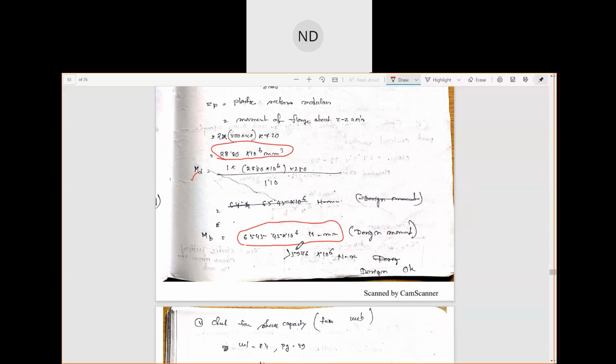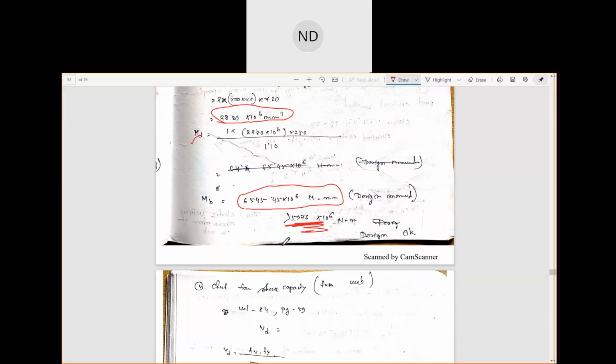So this is the design moment, and our maximum bending moment was this much. So obviously when our design moment is greater, it can take this much of moment, and this one was the maximum moment due to the loading. So obviously the sizes of the web and flange whichever we have considered are okay, it can carry this much of moment easily because the design moment is very much high.